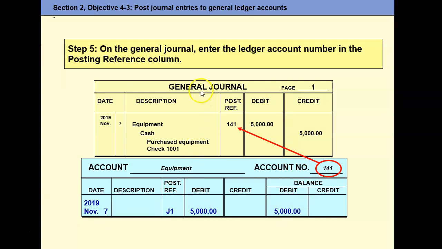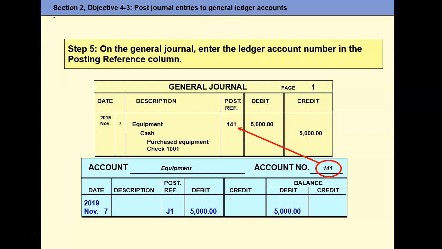So in the journal, the post reference column stays blank until you have posted that transaction into the applicable ledger account. Notice that next to the cash account transaction, the column is blank. That's because this cash transaction has not yet been posted into the cash ledger account.